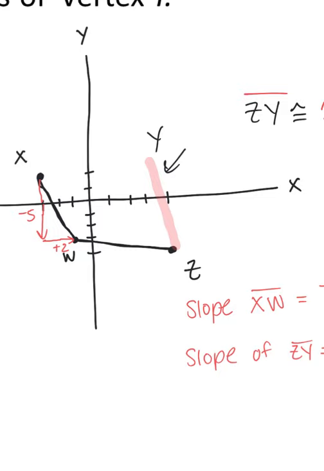Okay. So from Z, we're going to rise 5. So 1, 2, 3, 4, 5. And we're going to move to the left 2. So Y should be right here at (2, 1).